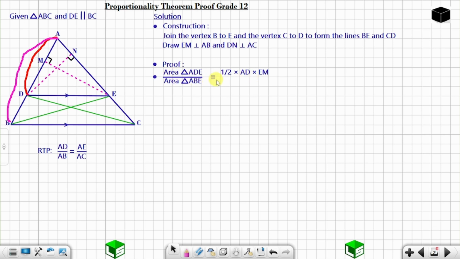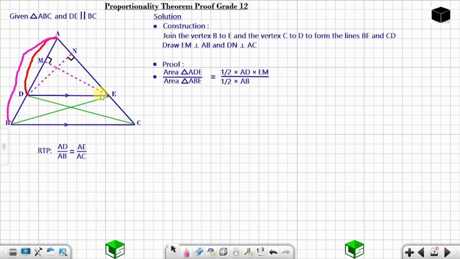Now the area of triangle ABE is half times base. The base is AB, and the height is EM, because EM is perpendicular to AB.